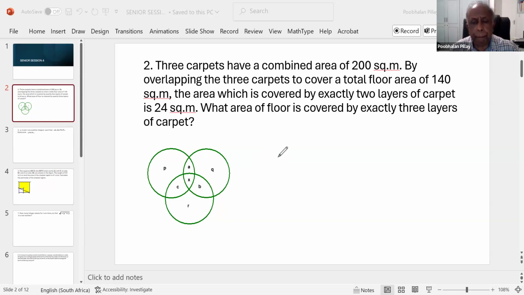So maybe we'd better give names to the area that is covered by different parts. So let's see, the area covered by 1 carpet.